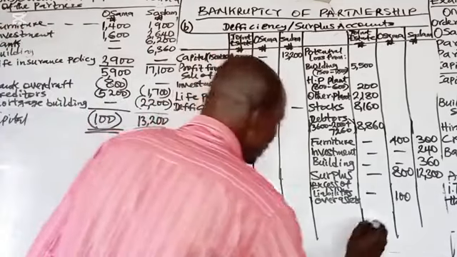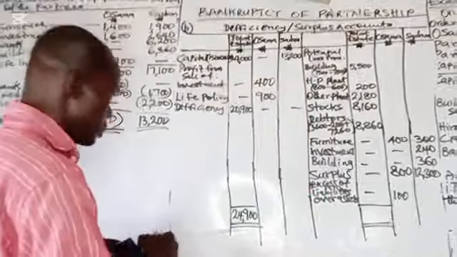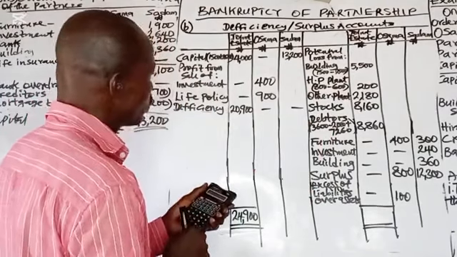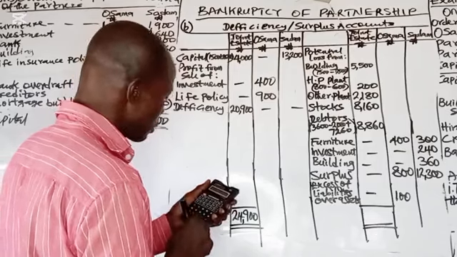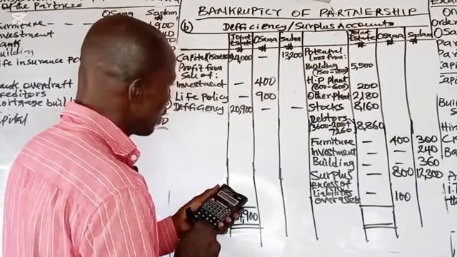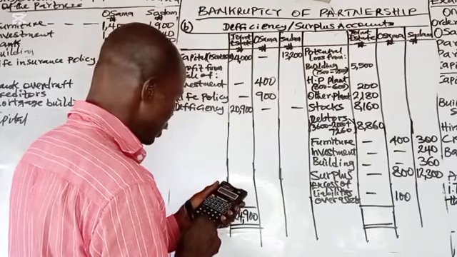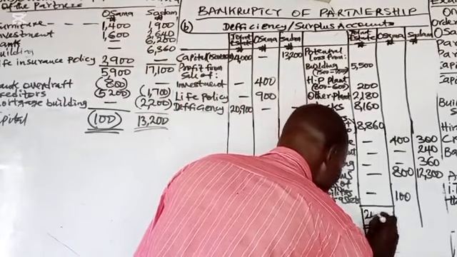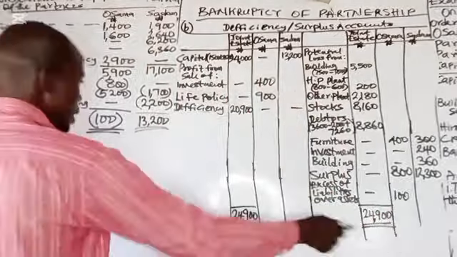24,900. Then the credit side, joint estate. We have 5,500 plus 200 plus 2,180 plus 8,160 plus 8,860. The credit side is total 24,900. So this one balances now.